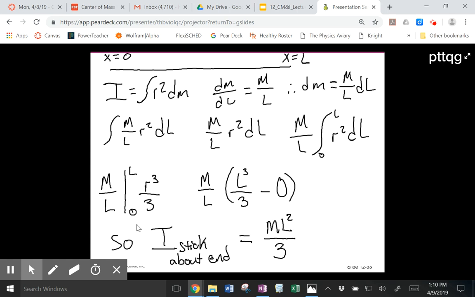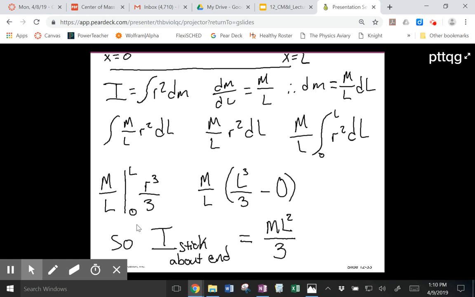The constant mass per unit length here, dl, is going to go in place of dm. And mass per unit length is a constant, so I can pull that out front. And we're going to integrate r squared with respect to the length of the thing.